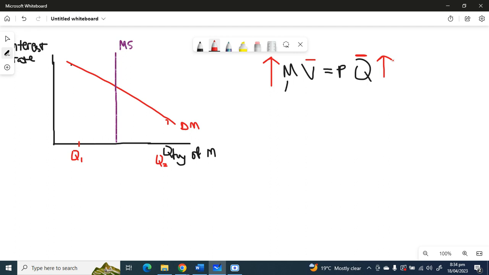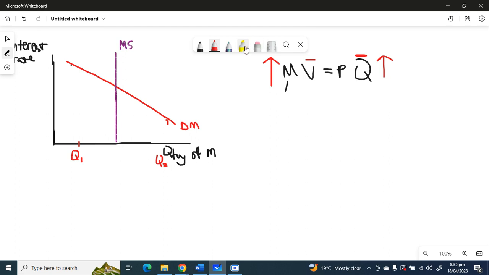So it's telling us that inflation is directly related to the money supply. If you hold these two variables constant, the velocity of money and the output, then the inflation is directly proportional to the money supply.